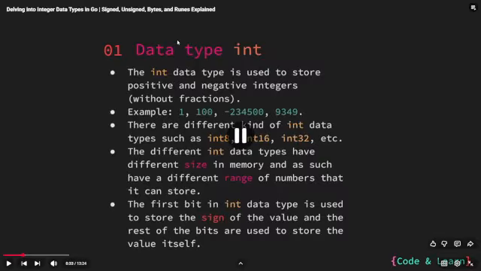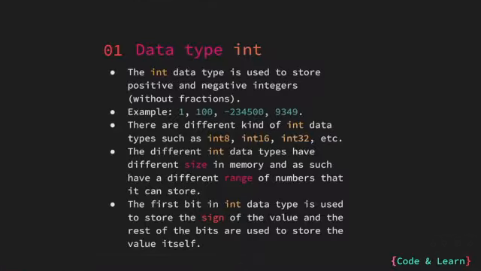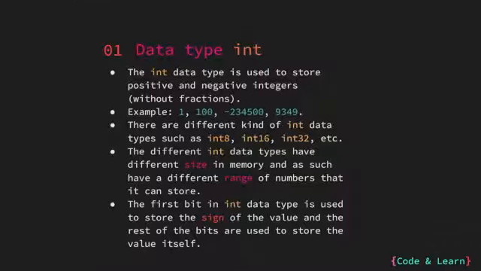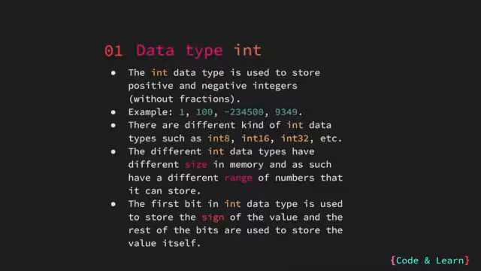Some examples are 100, three, 4, 500, etc. If you try to store a fraction in an int data type, the fraction part will be dropped. The int data type has different variants like int8, int16, int32, etc.